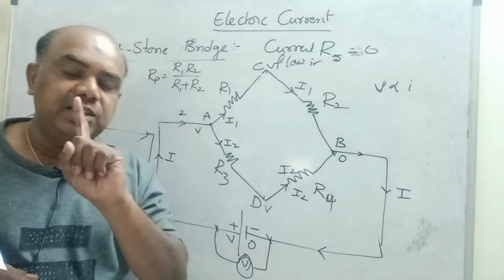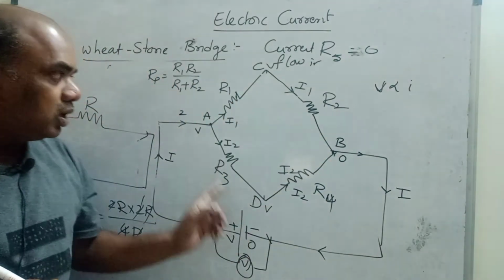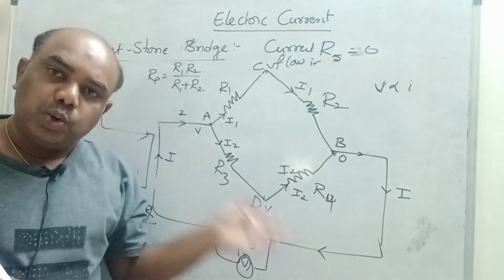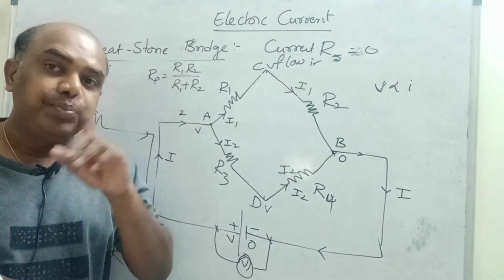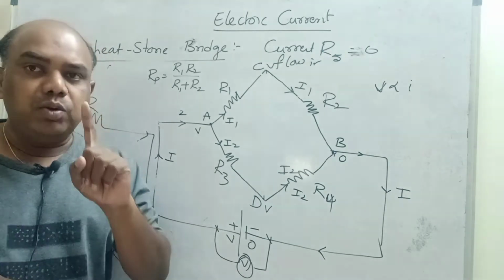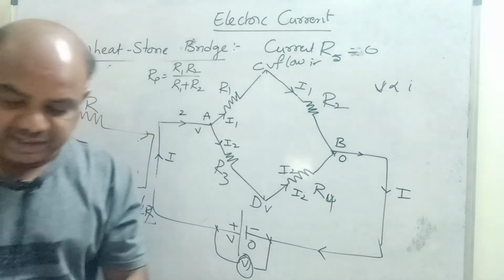If each resistor is 5 ohm, the final answer is 5 ohm only. If each resistor is 10 ohm, the total value is 10 only. Even though 4 resistors are present, the final resistance will be concluded as a single resistance.